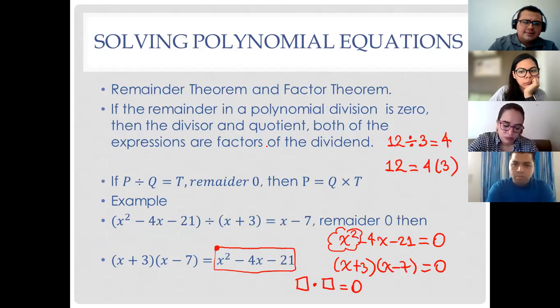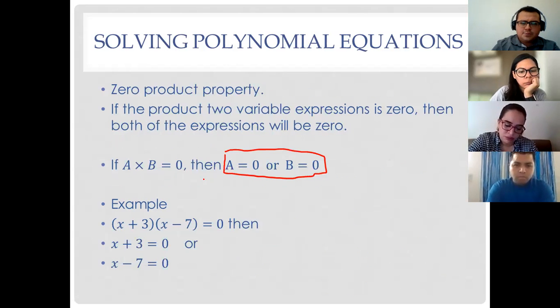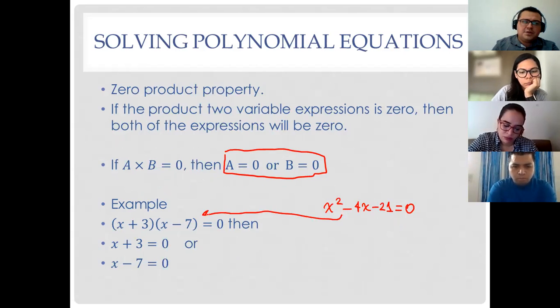So here you have the example. The exercise was x squared minus 4x minus 21 equals 0. It becomes, by some procedures, some new rules, some new strategies, the product of two what?